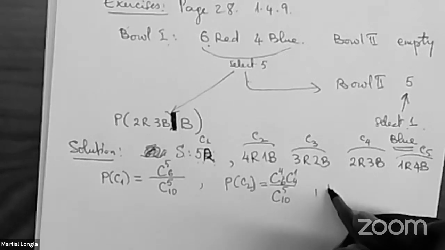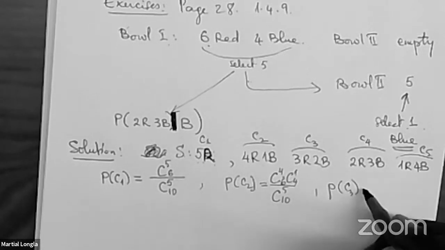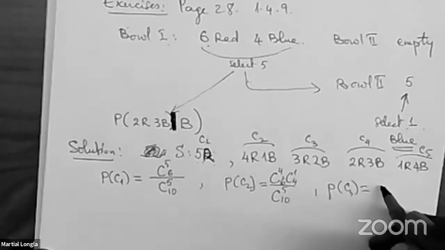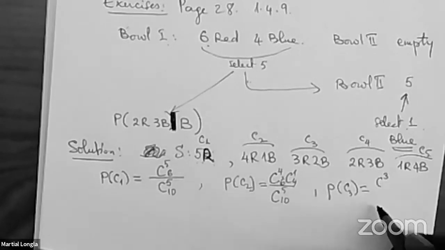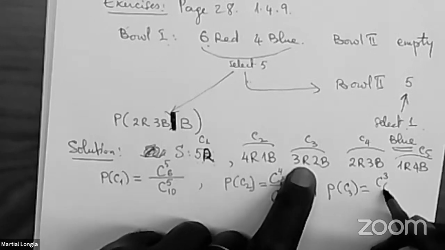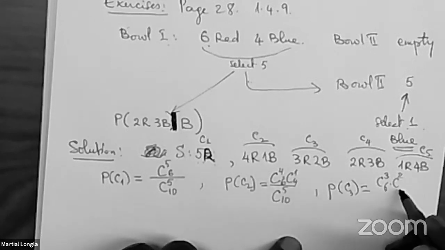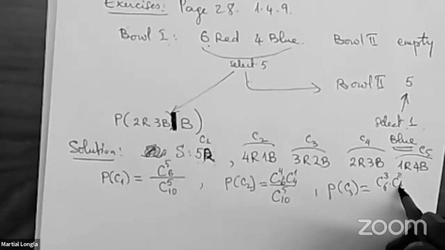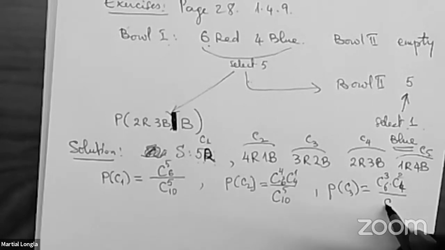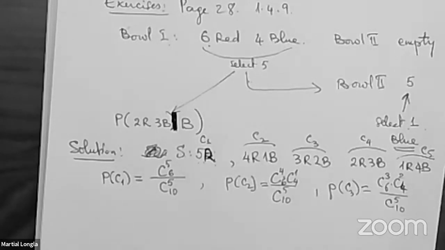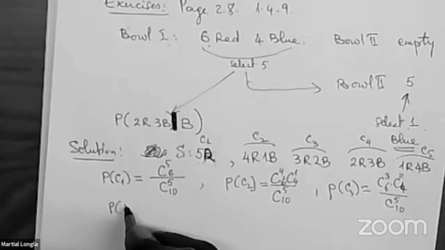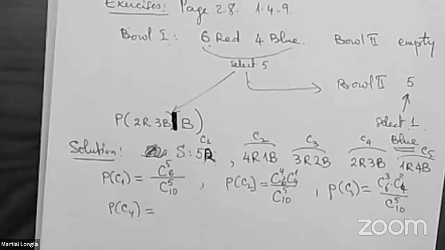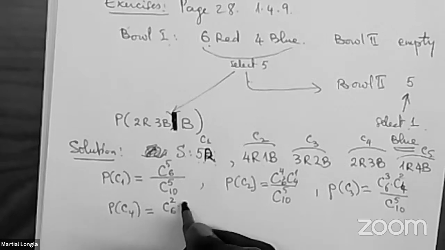Then, what's the probability of C3? That will be choose 3 out of 6. Then complete with 2 out of 4. And the denominator still doesn't change. P of C4 will be choose 2 out of 6, then choose 3 out of 4.